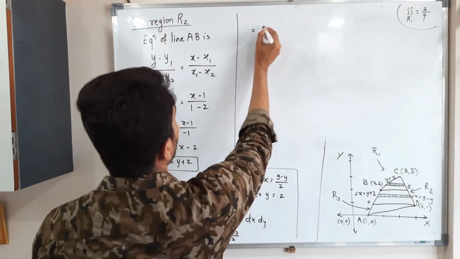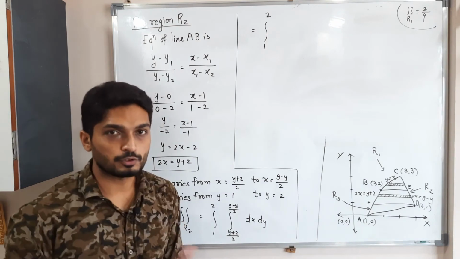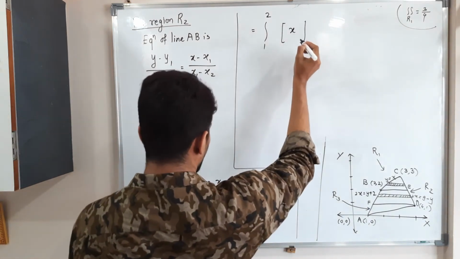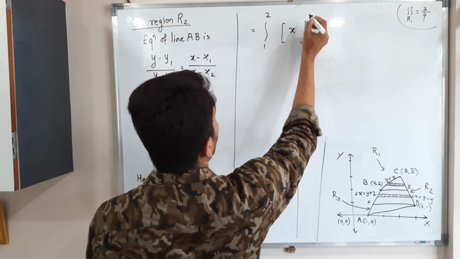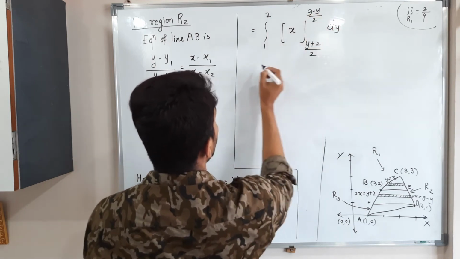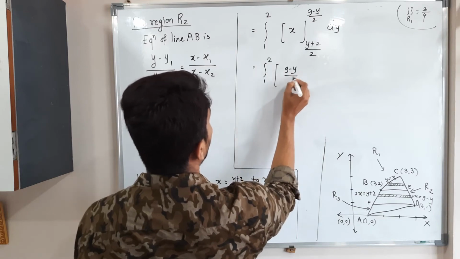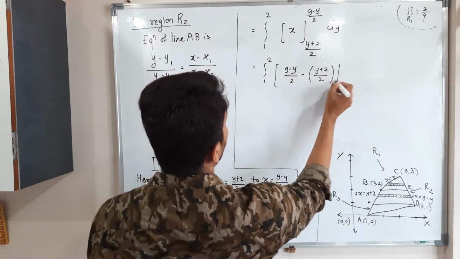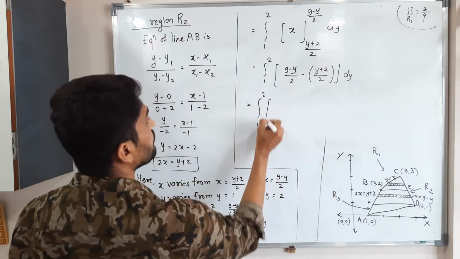So this is equal to the integration from 1 to 2. Integration of dx is x, as you know. So I will write x, with lower limit (y plus 2) by 2 and upper limit (9 minus y) by 2, dy. I will put the upper limit minus the lower limit. So upper limit is (9 minus y) by 2 minus (y plus 2) by 2, dy.